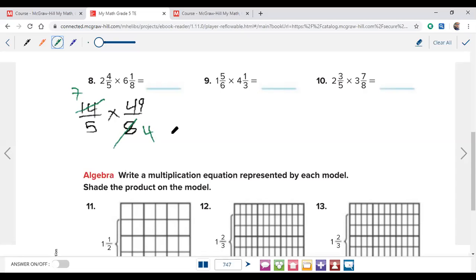Okay. Now I'm going to multiply what I have remaining. I have to multiply 7 times 49, which is equal to what?